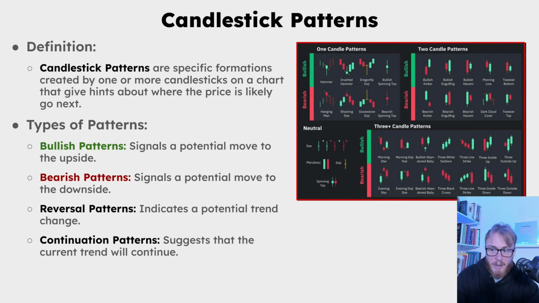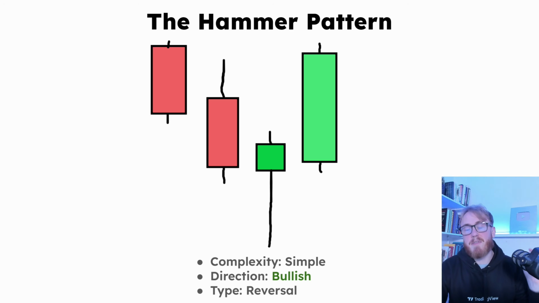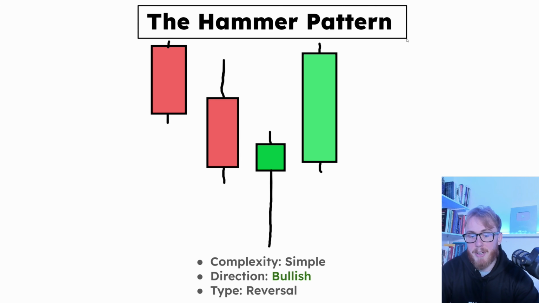And as I mentioned earlier, right here on the screen, we have tons of different candlestick patterns. But what I'm gonna do next is show you guys some of my personal favorite candlestick patterns and how to trade them. All right, so now the very first candlestick pattern I want to show you guys is called the hammer pattern. This pattern right here is known as a simple pattern.